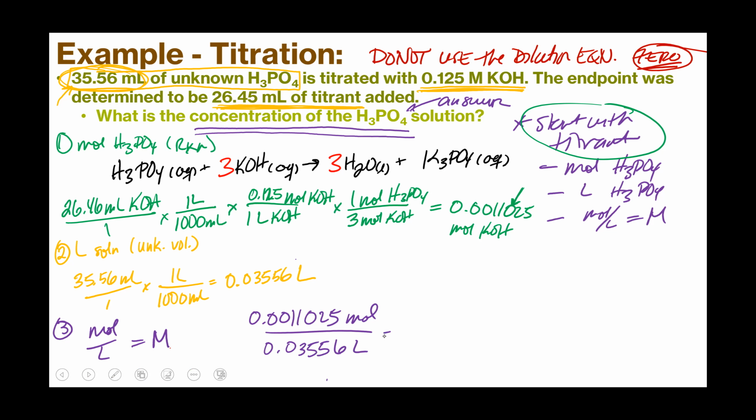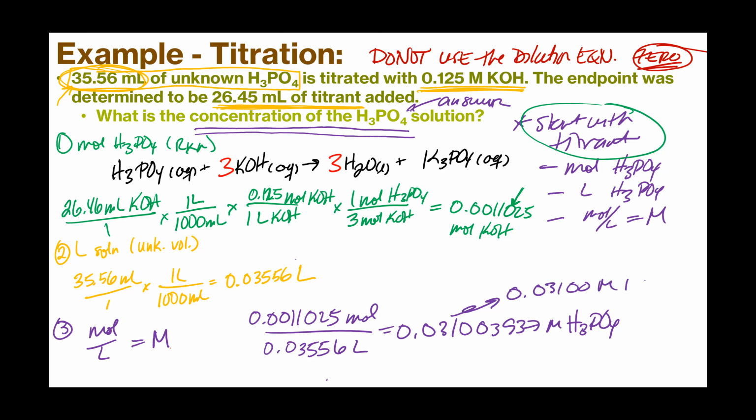The calculator gives 0.031003937 molar H3PO4. Four significant figures: 0.03100 molar H3PO4. There it is.